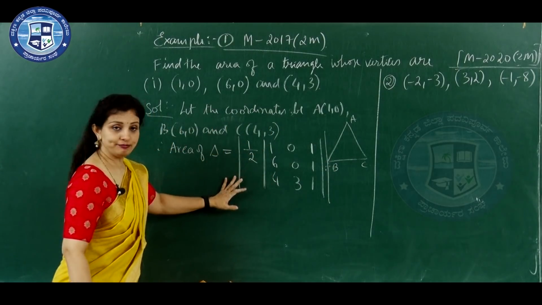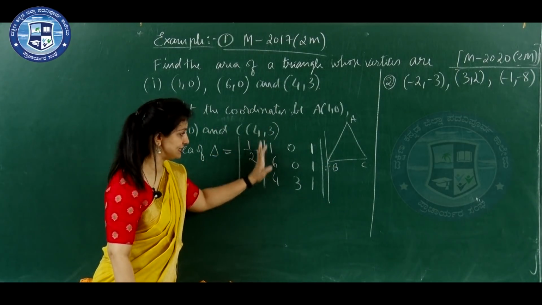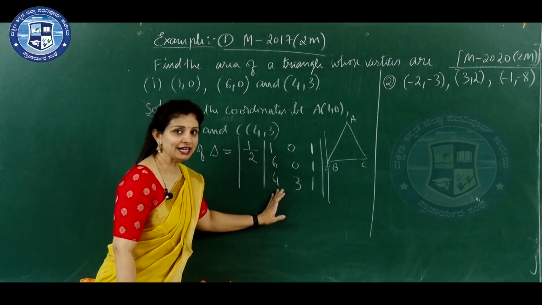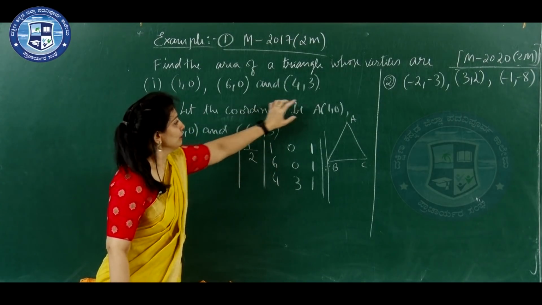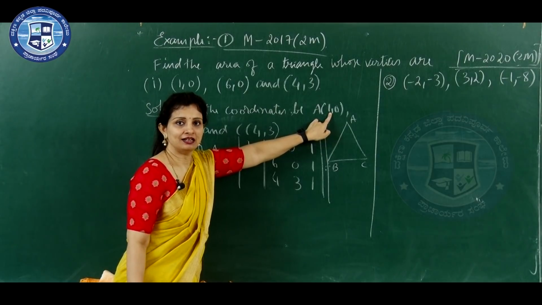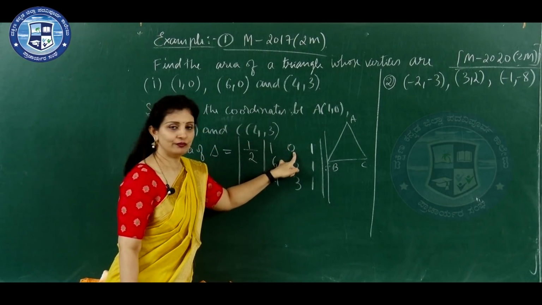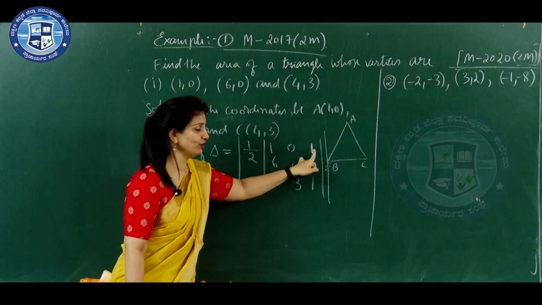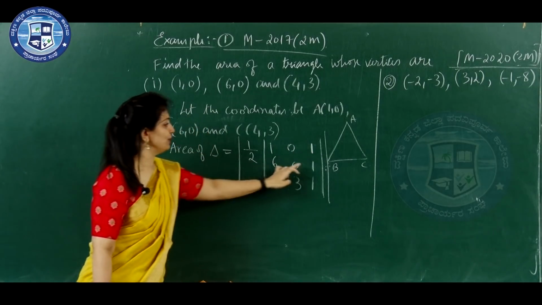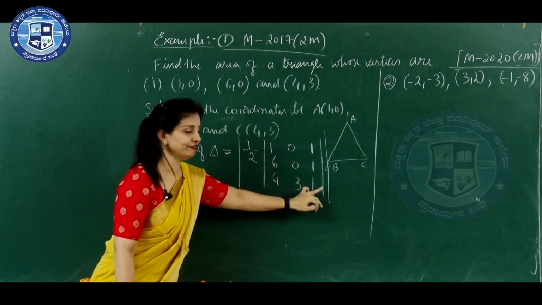So, it is the absolute value of half the determinant of: first row 1, 0, 1; second 6, 0, 1; third 4, 3, 1.